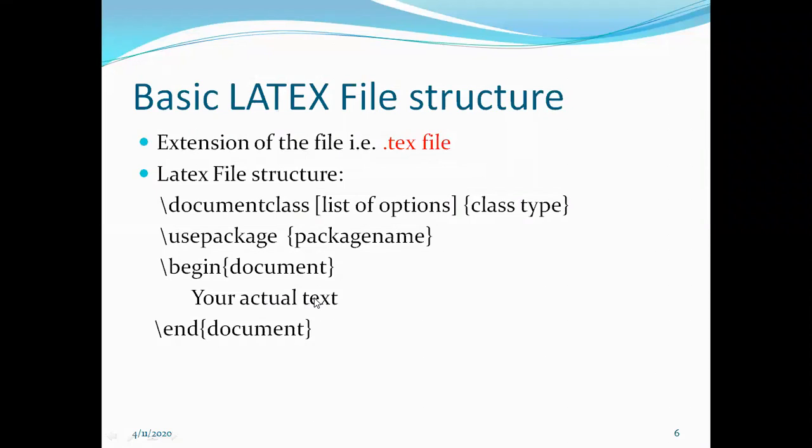The section between slash documentclass and slash begin document is called the preamble section. The preamble section includes the packages as well as the global options that will be applicable to the whole document. Suppose I want the document with a font size of 12 point. In this preamble section, between slash documentclass and slash begin document, you can mention this, right?